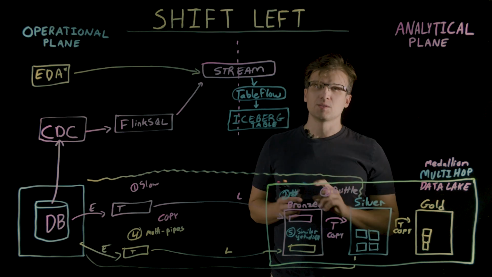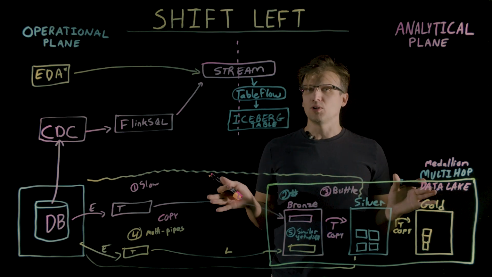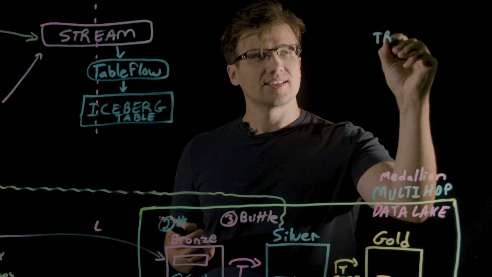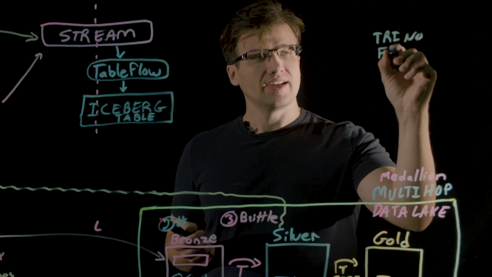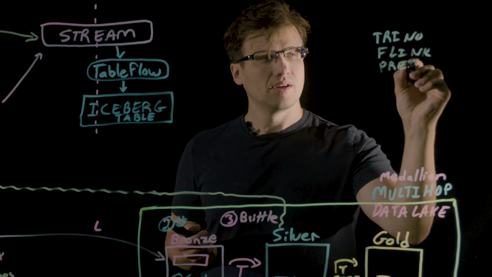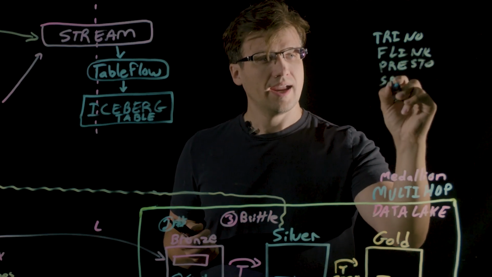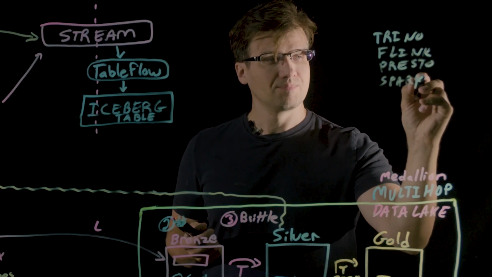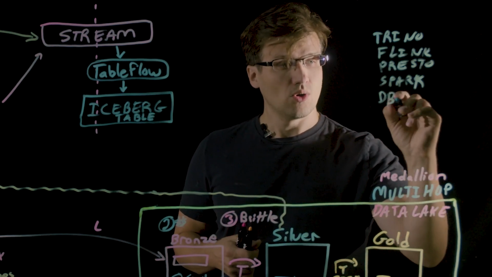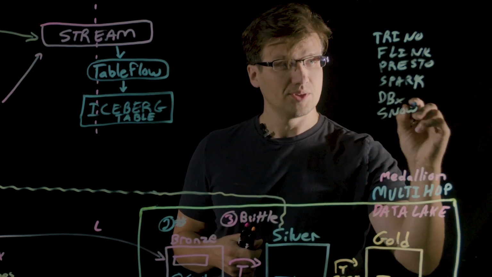And what's great about Iceberg tables is that they're readable by any processing engine that supports Iceberg. This includes things like Trino, Flink, Presto, Spark, and even SaaS solutions like Databricks or Snowflake, for example.